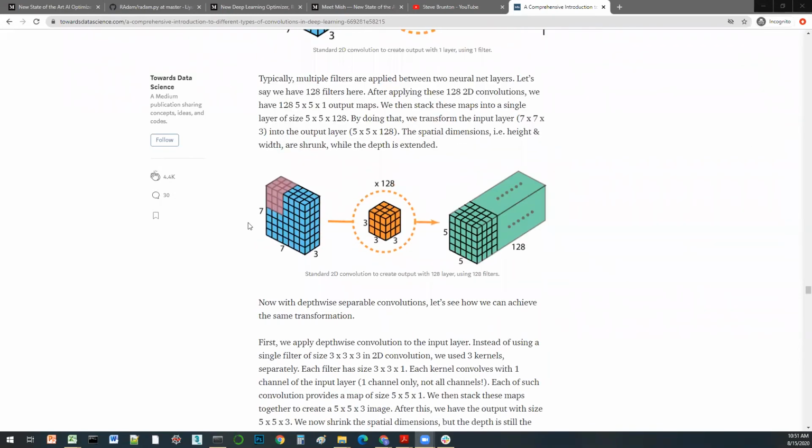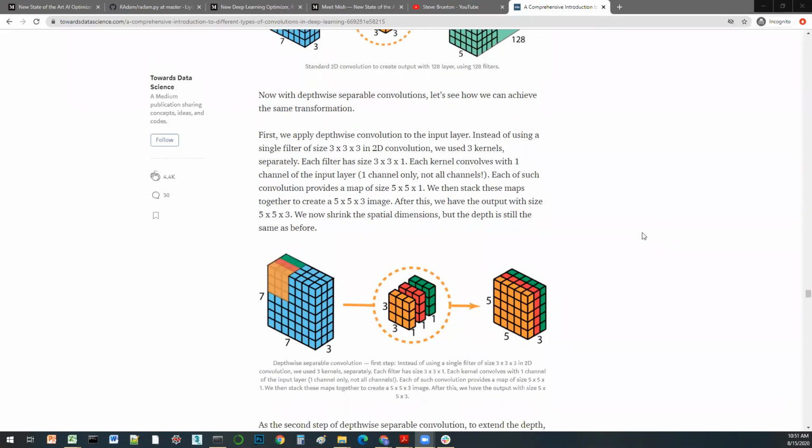Then begin to discuss the depth-wise separable convolution. In this case, you split it into a 3 by 3 per channel. So the first 3 by 3 filter is applied just to the first of the 3 channels.